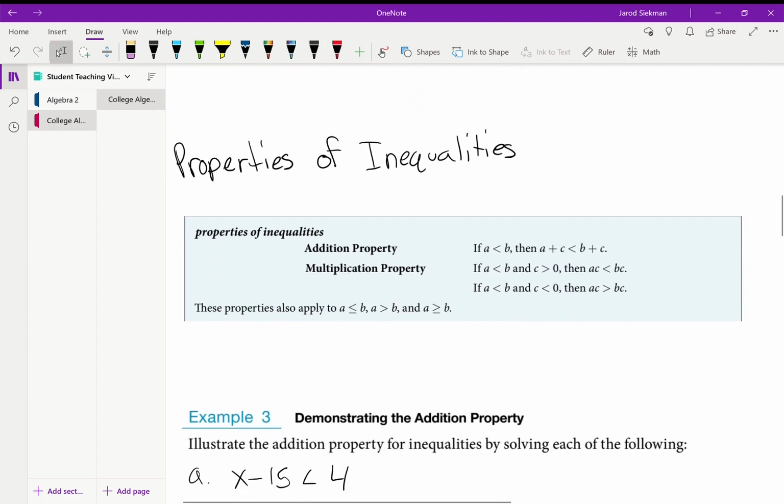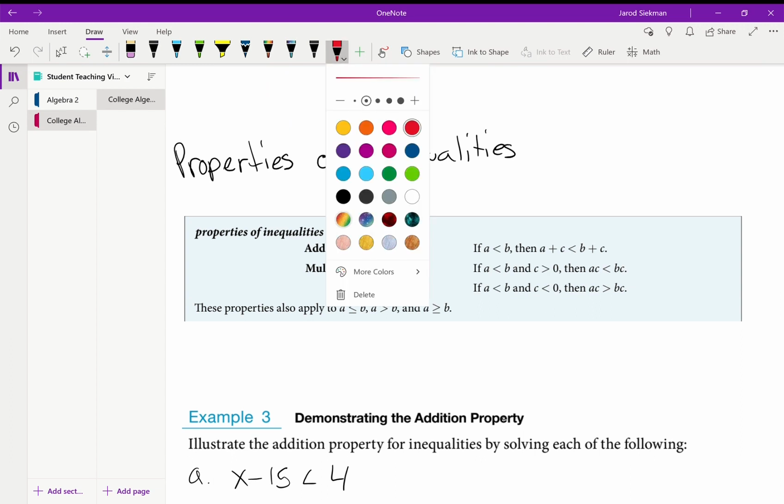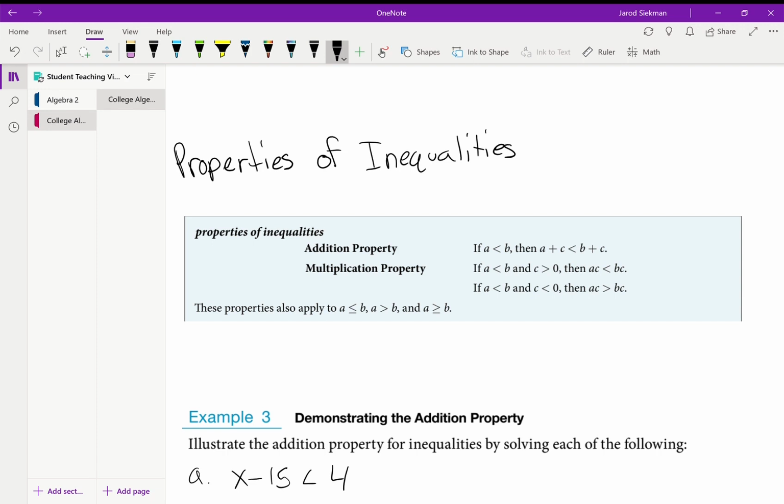So let's move on to properties of inequalities. The different properties are very similar to the addition, multiplication, subtraction, division properties of any normal equation that we deal with. So the addition property is we add c to both sides. If we want to add c to one side, we have to add it to the other. Multiplication goes the same way.